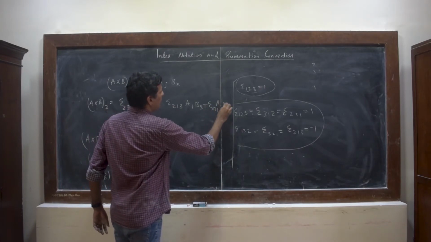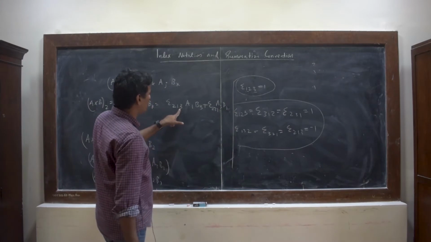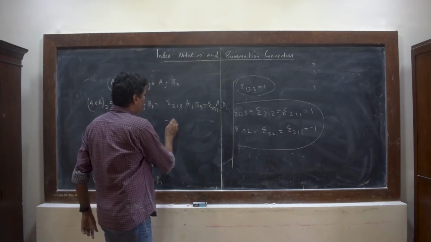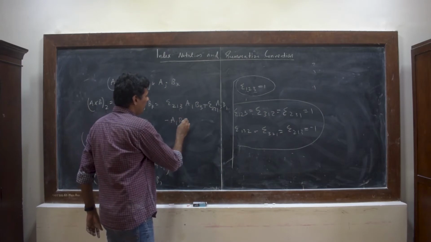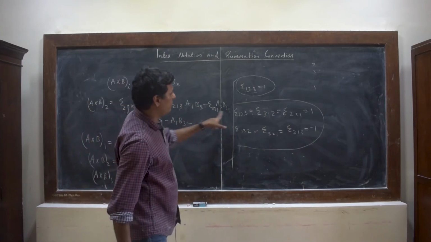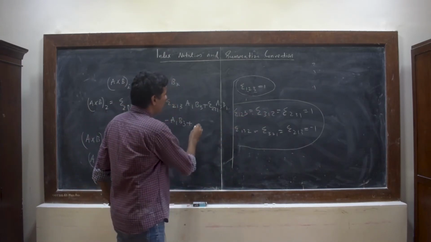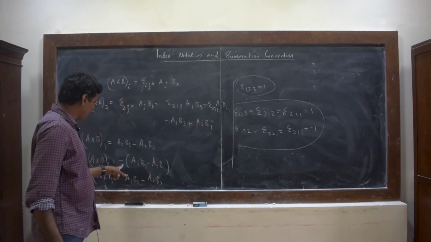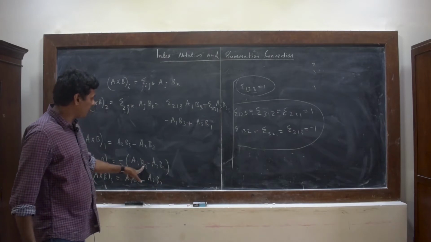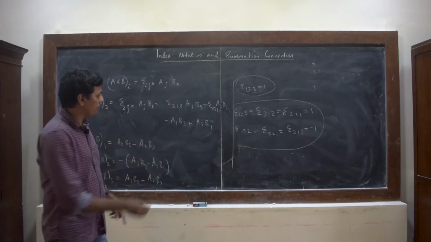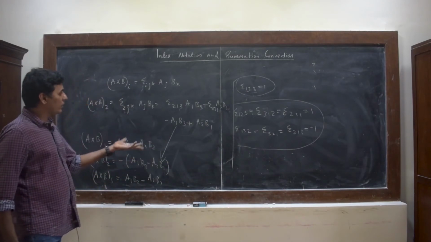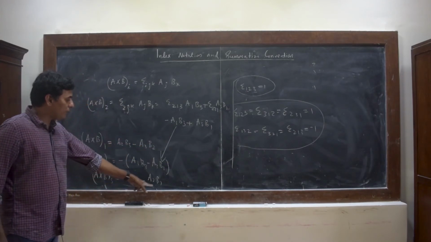Epsilon 213 is minus 1, so minus A1 B3, and 231 is plus 1, so plus A3 B1. So it will be minus A1 B3 plus A3 B1. Okay. Similarly, you can see that the third component will be A1 B2 minus A2 B1.